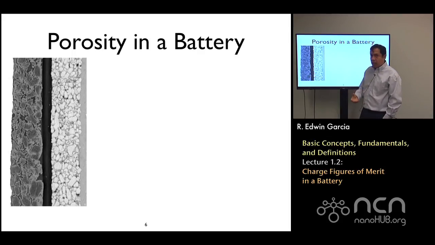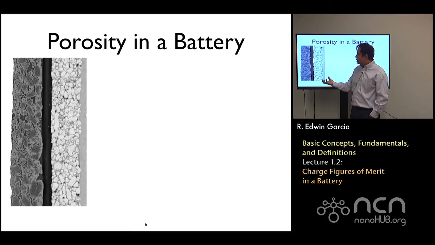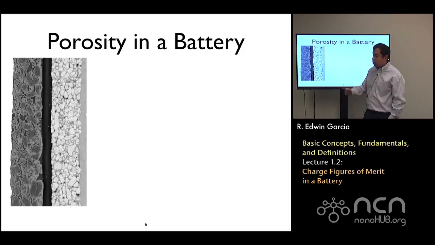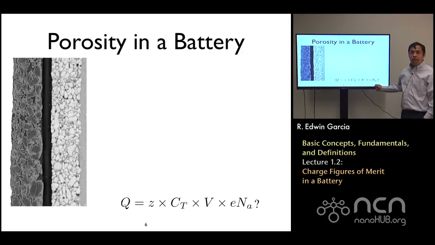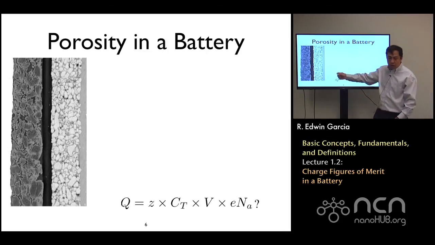Another advantage of this powder porous form is that the more area you put in, the more you enhance the reaction. You will have more area for the reaction to take place per unit volume. So the relationship that we derived will not be valid anymore. We have to do something about it in order to account for that porosity.